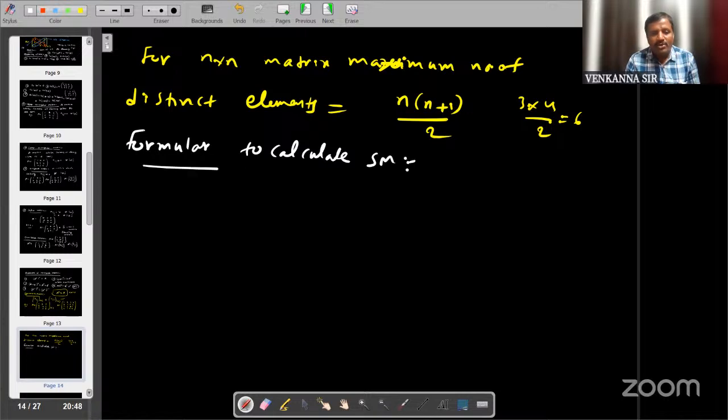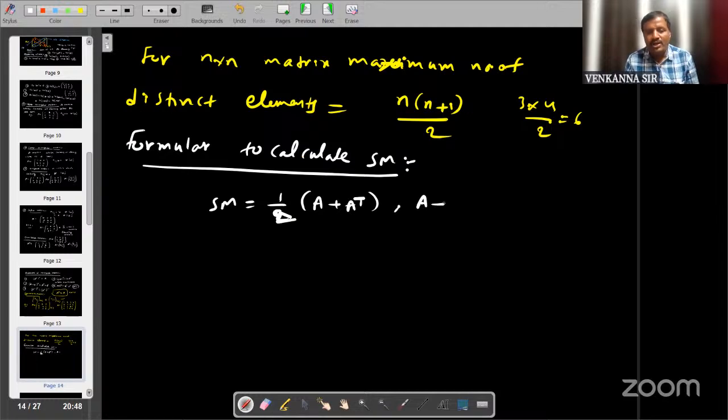Symmetric matrix is equal to half of (A plus A transpose). We can also write it as (A plus A transpose) divided by 2. These all come under the symmetric matrices. Basically, we use half of (A plus A transpose) for any given matrix.